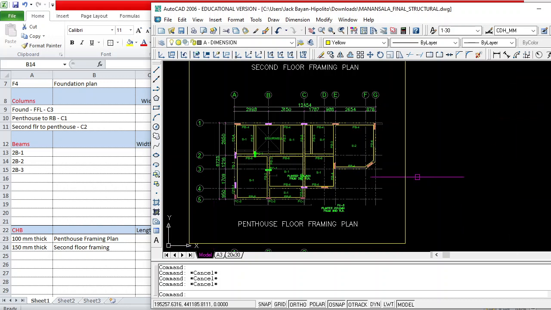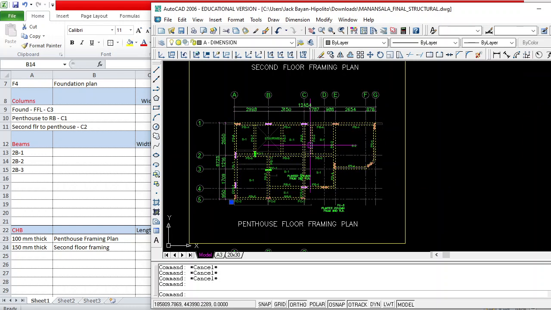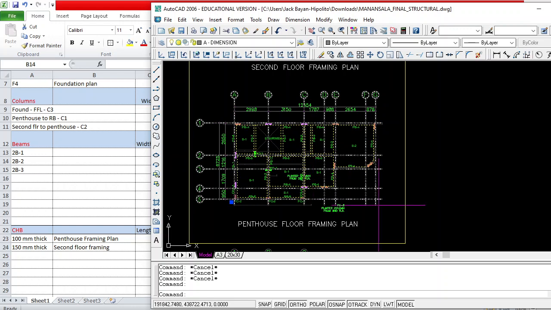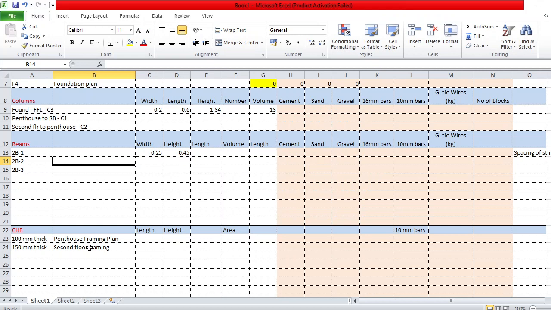Okay, so ano ibig sabihin nun? Yung total length nitong yellow wall na to will serve as the total length of your CHB wall. Okay? Dinidisregard yung pinto pa. Di ba binubutas lang yung pinto? Kaya considered na may wall yan. So, you will be considering it as a whole. Walang bawasan muna.